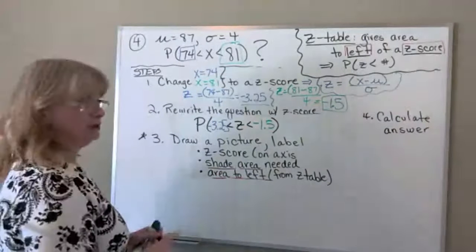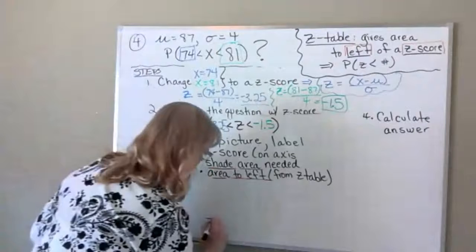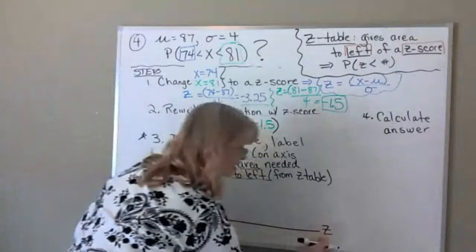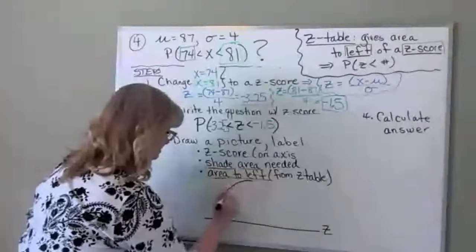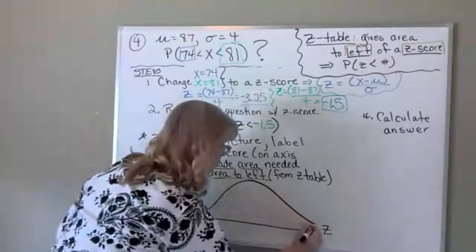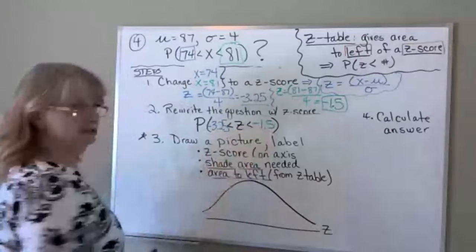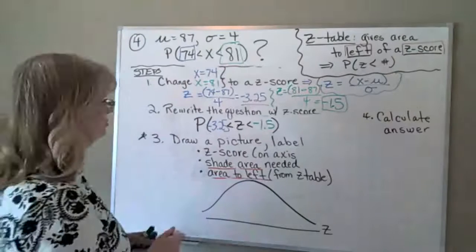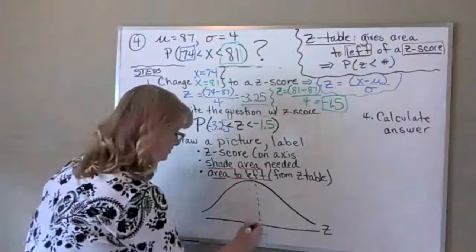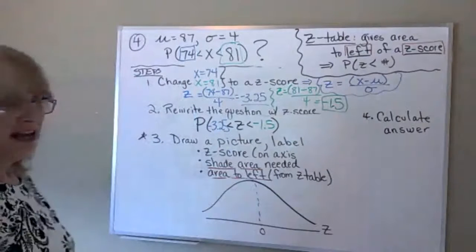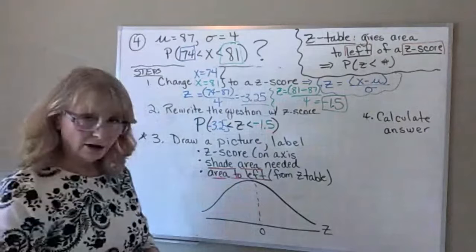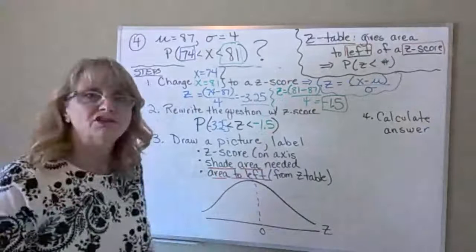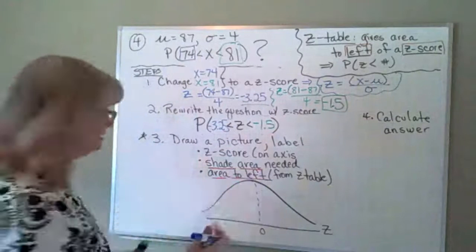So when we draw our picture, this is our z-axis. We're going to put both of those z-scores on our picture. And they both happen to be to the left because they're both negative. So if 0 was here, it doesn't matter if you place them perfectly, just make sure that they're relatively in the right place.